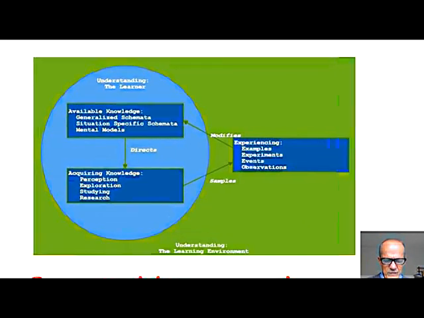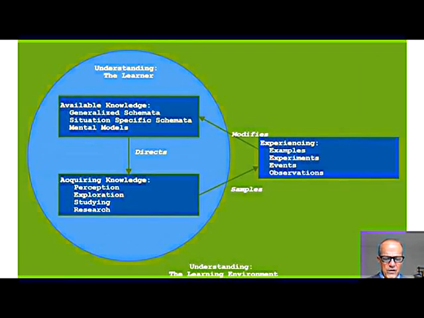Here we have the idea that the learner has knowledge at her or his disposition: generalized schemata, situations, specific schemata, mental models. This knowledge directs the process of acquiring knowledge through perception, through exploration, through studying, or through conducting research studies. And this process of acquiring knowledge leads to a sampling of the environment, the green area in this figure.